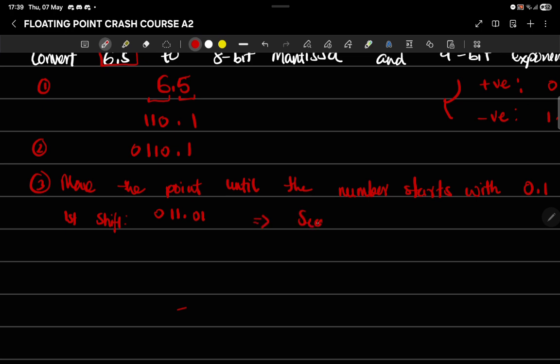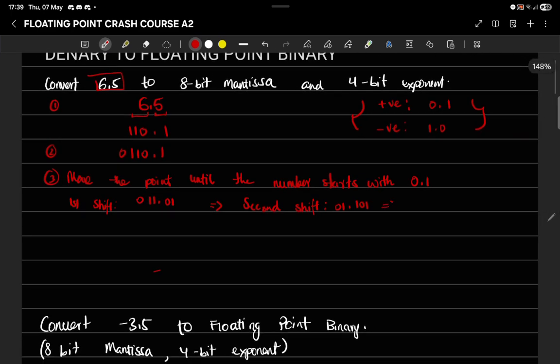Now the second shift, we will have 0 1.101. And then with the third shift, we get 0.1101. Now notice our number is starting with 0.1, which is what we wanted. So that means we're done shifting. And we moved how many places? We moved 3 places in total. We moved 3 times.